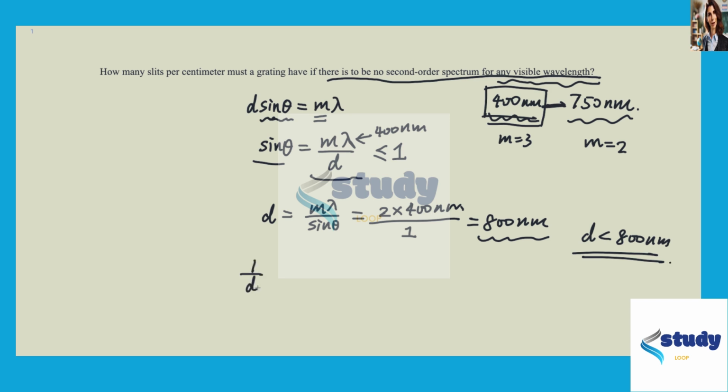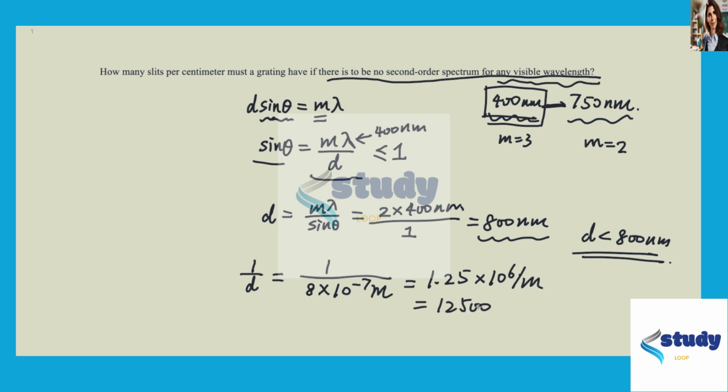That is 1 over 800 nanometers, which is 8 times 10 to the negative 7 meters, and that gives us 1.25 times 10 to the 6 per meter, which is equal to 12,500 per centimeter.